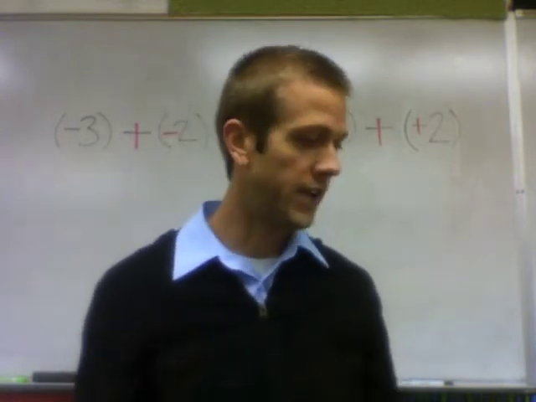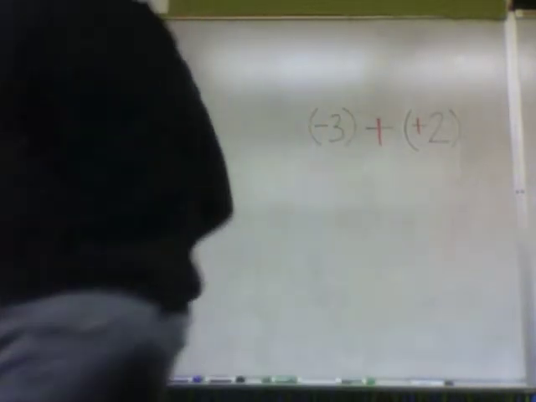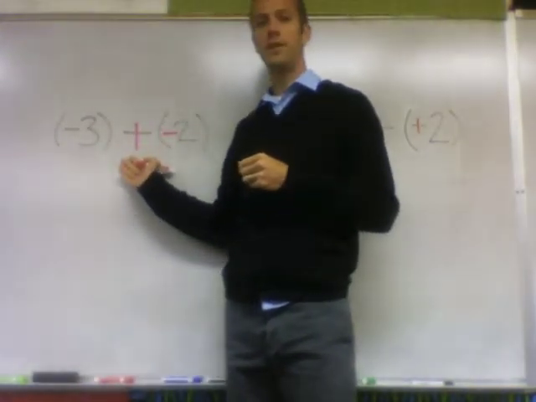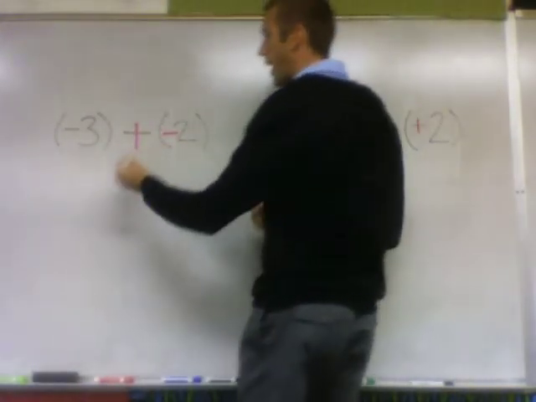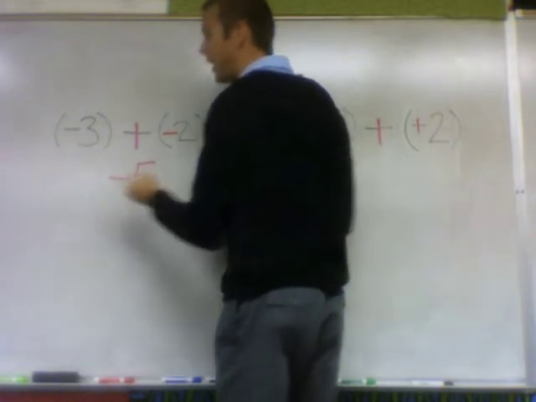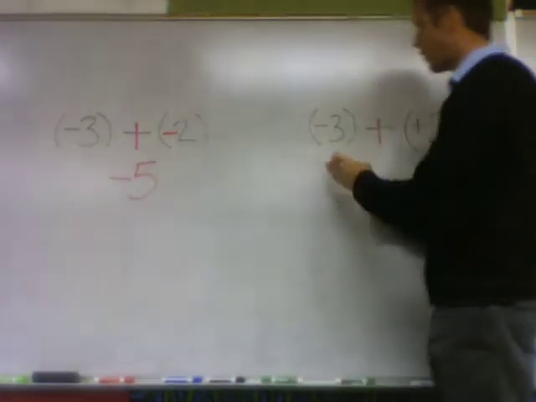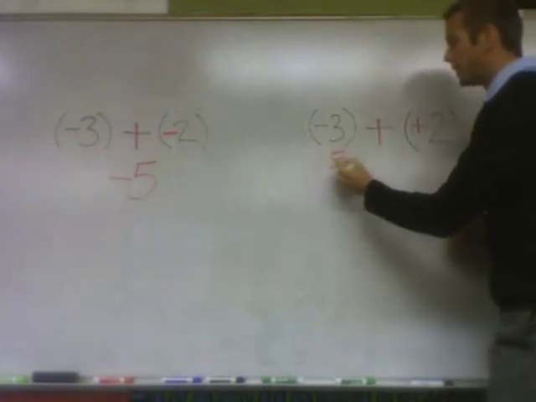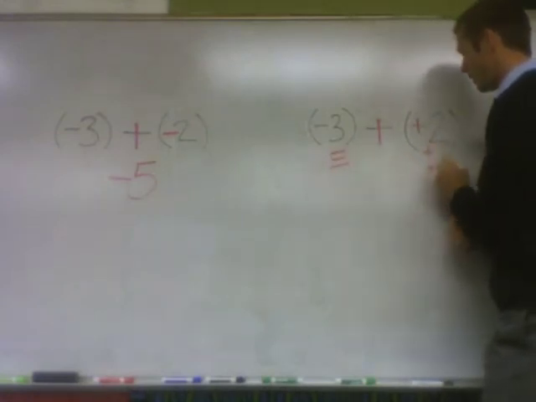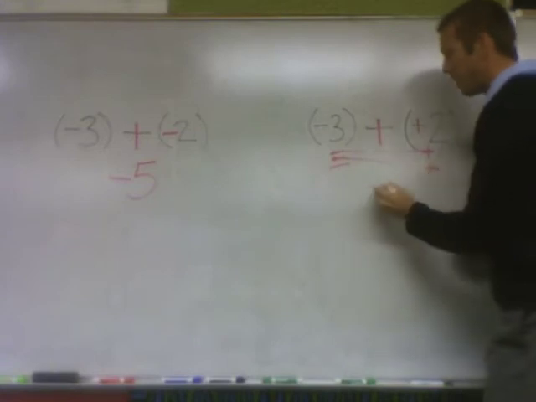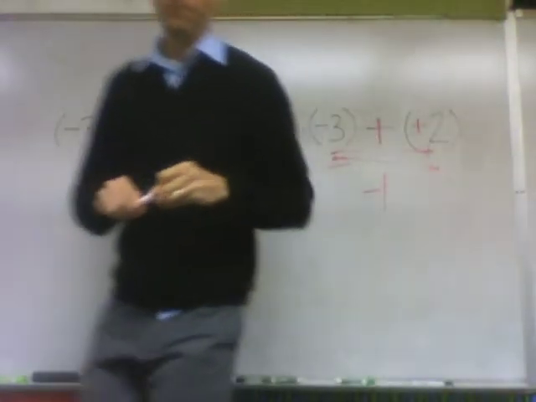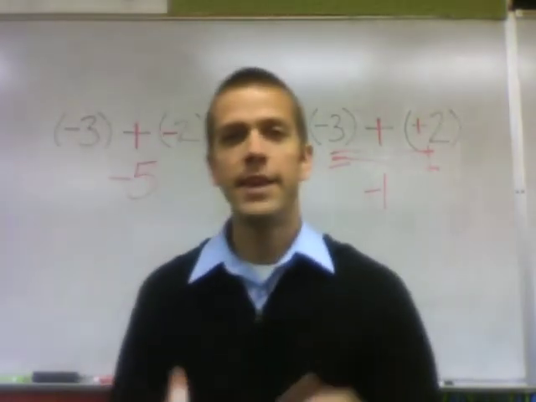So let's put those together and see what answers we get. If you have a -3 and a -2, you have 5 negatives. And if you have -3 and +2, 3 negatives, 2 positives, 2 of them will cancel out, and you're left with 1 negative.